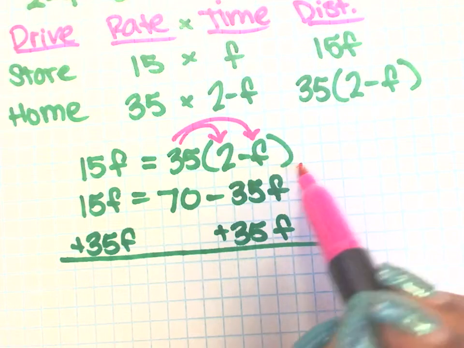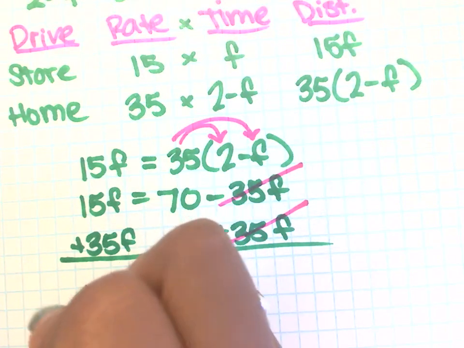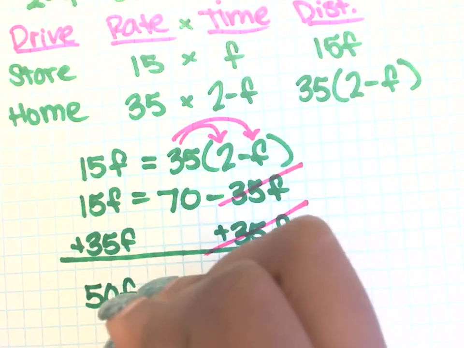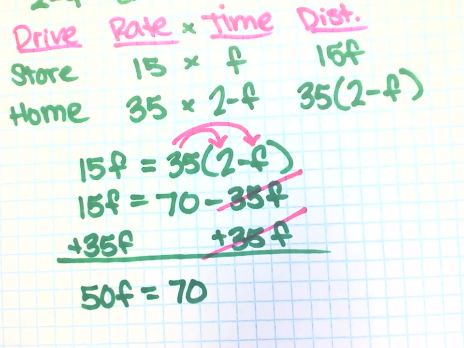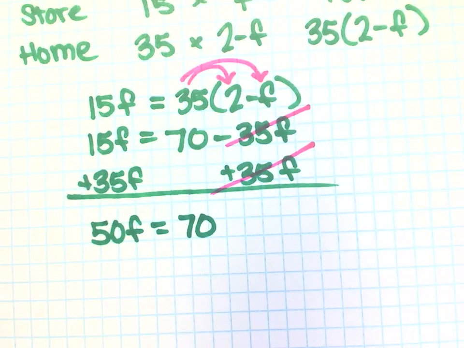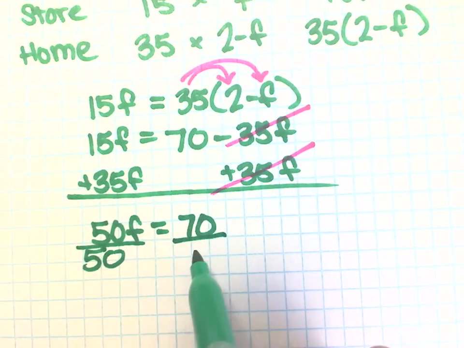My negative 35F and my positive 35F cancel out. 15 plus 35 is 50F equals 70. To isolate the variable, I'm going to divide by 50 on both sides.